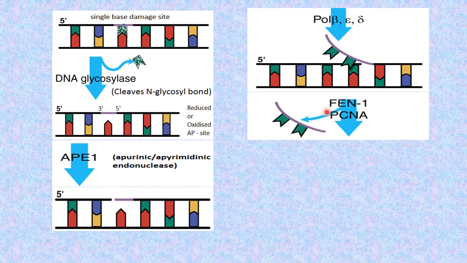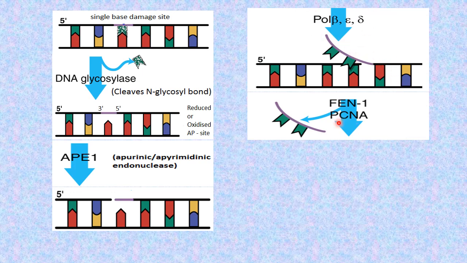Then the flap endonuclease, again we need an endonuclease to cut the phosphodiester bond. So another enzyme involved in this long patch repair pathway is the flap endonuclease enzyme. And this flap endonuclease involves the activity of the proliferating cell nuclear antigen for loading these various polymerases, that is polymerase delta to be specific.